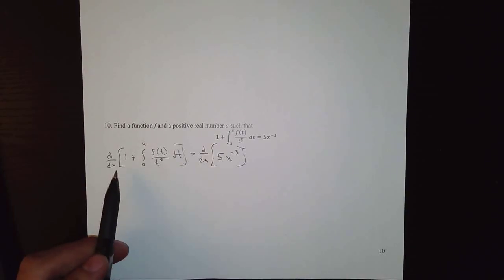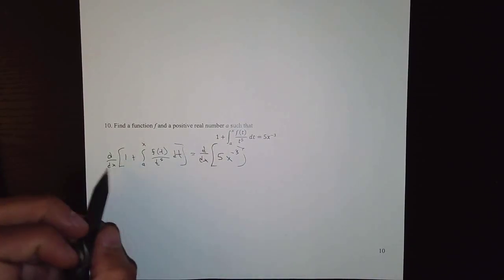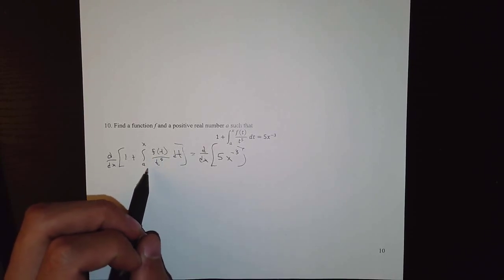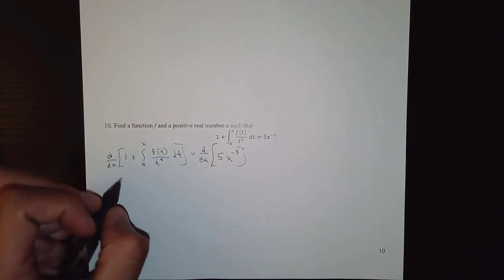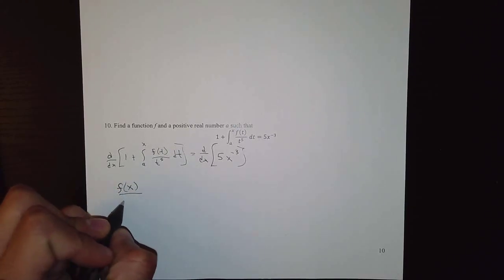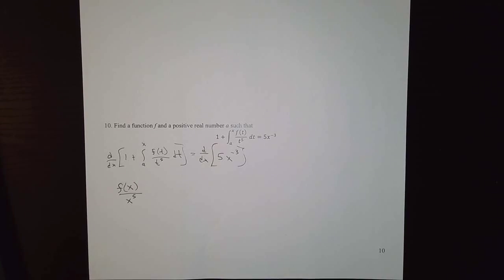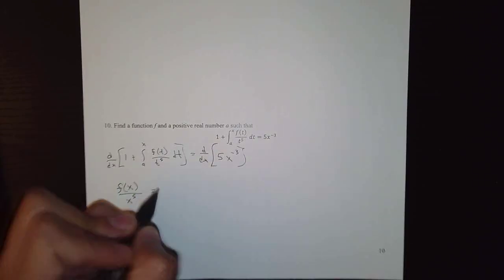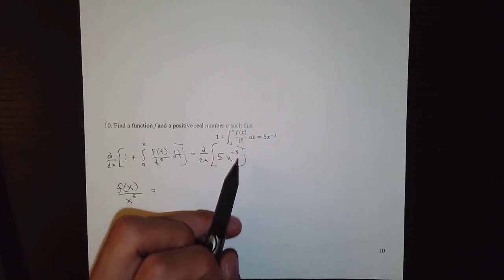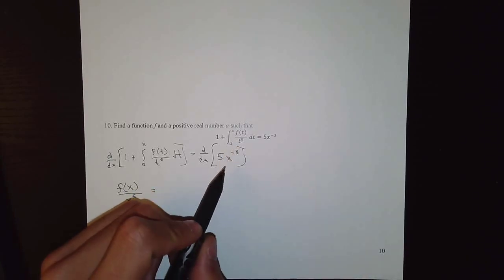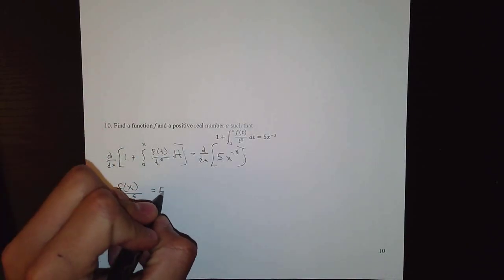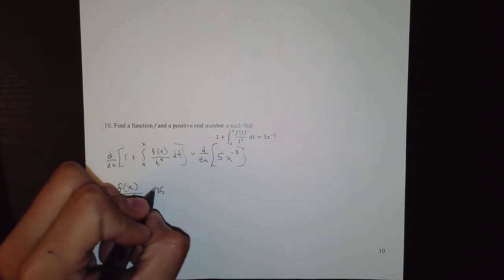And so when we differentiate the left side, the derivative of 1 is just 0, and the derivative of this integral by the first fundamental theorem of calculus becomes f of x divided by x to the power of 5, and this is equal to, when we differentiate the right hand side, we bring the exponent down, and so we have 5 times negative 3, or negative 15.